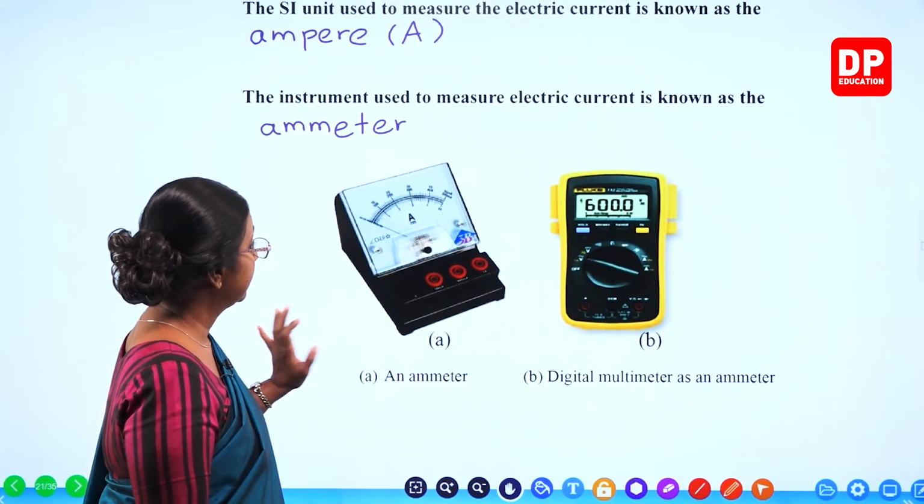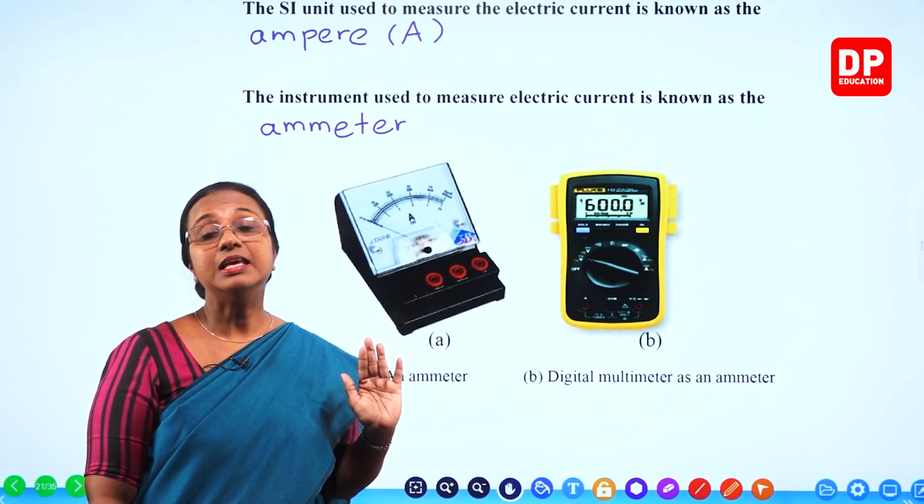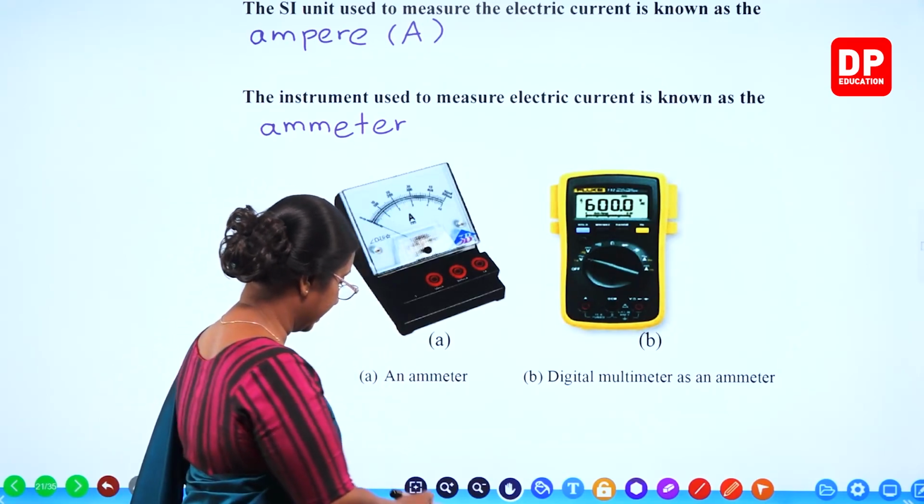And always these ammeters are connected serially in a circuit. It has to be a series connection.